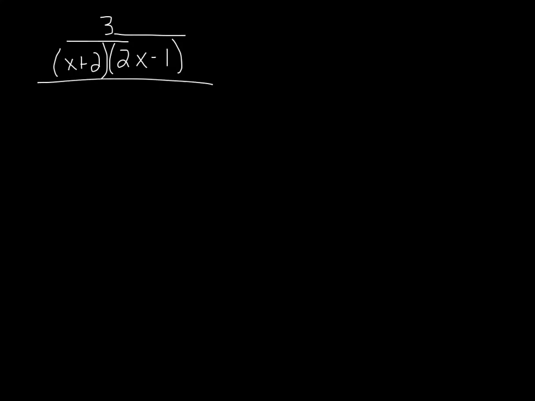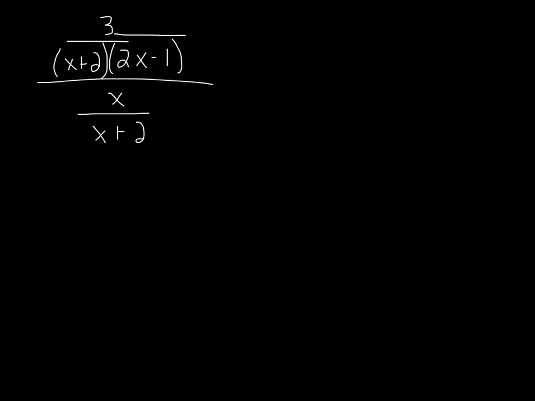Okay, this one might be a good example for flipping, so let's look. 3 over x plus 2 and 2x minus 1, all over x plus 2. So let's rewrite it, because what you're looking for here is easy factors that are multiplied by each other.